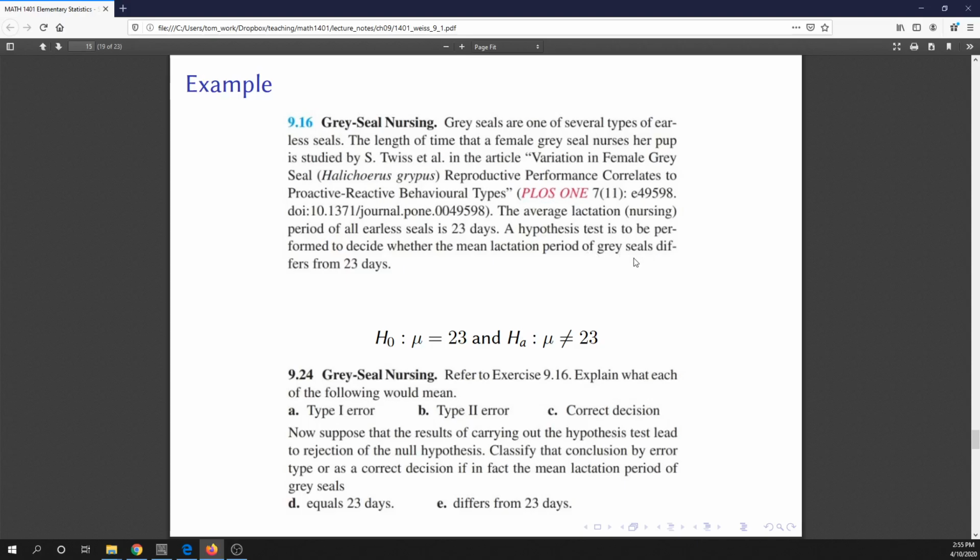That comes from this sentence here, where it says the mean lactation period of gray seals differs from 23 days. That's one of those key words that tells you which of the three alternative hypotheses it was. And then the null hypothesis would be that the mean is equal to 23.